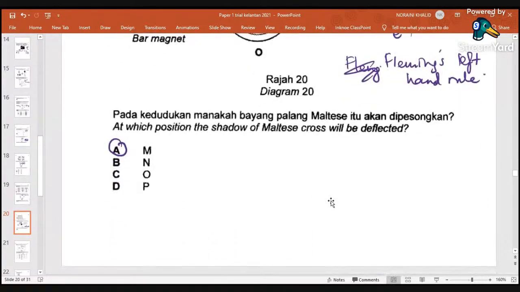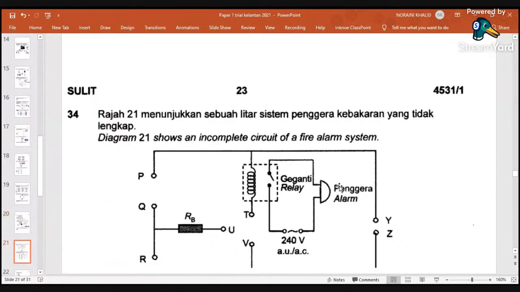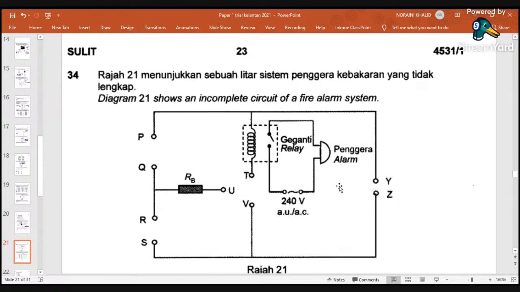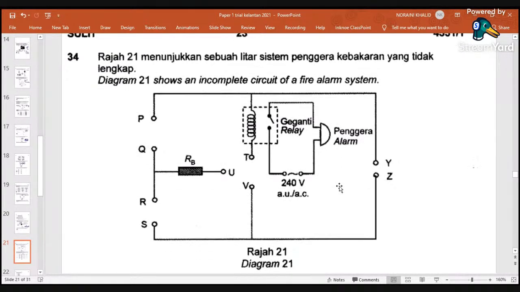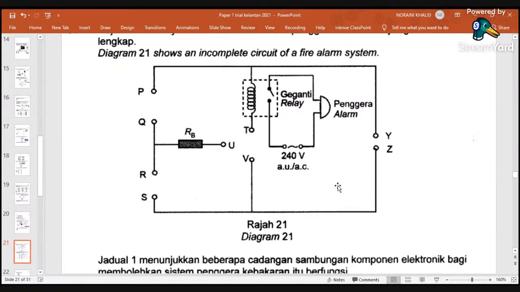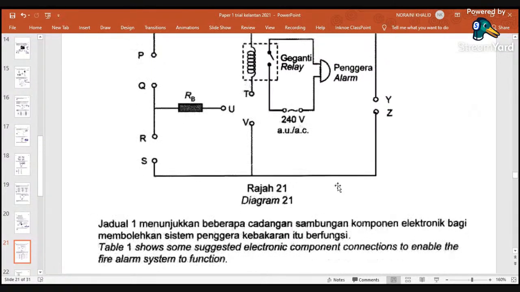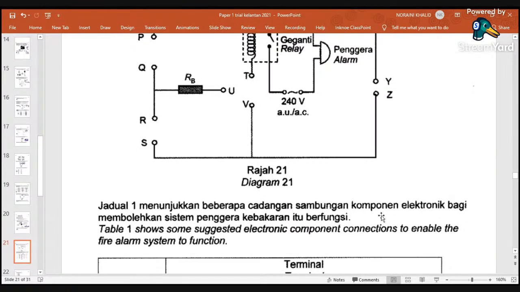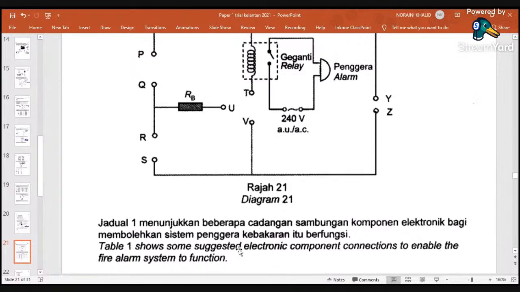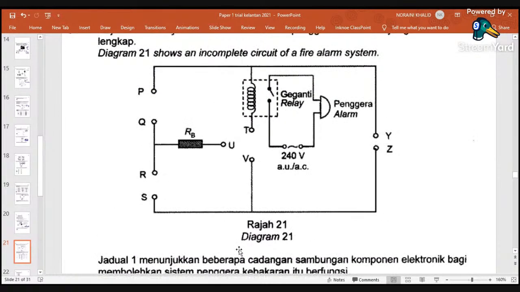Here, 34. The diagram shows an incomplete circuit of a fire alarm system. The table shows some suggested electronic component connections to enable the fire alarm to function. So what should we add here? There must be a transistor as a switch.